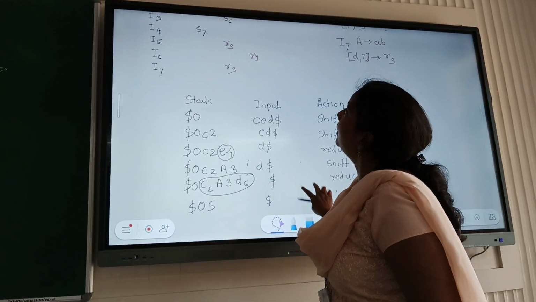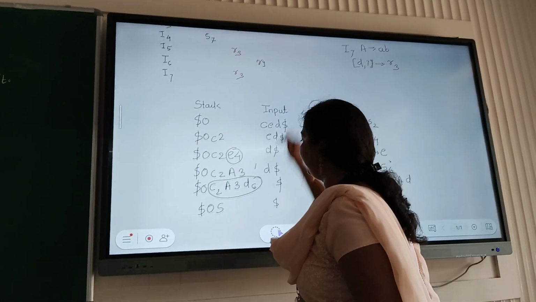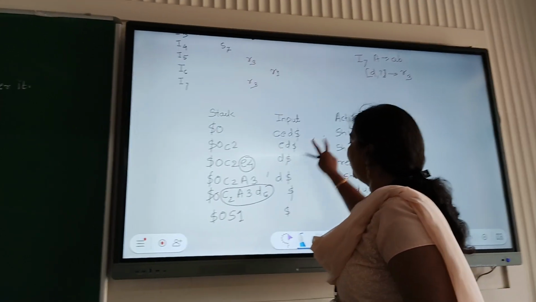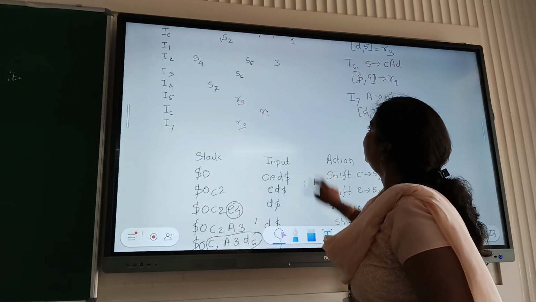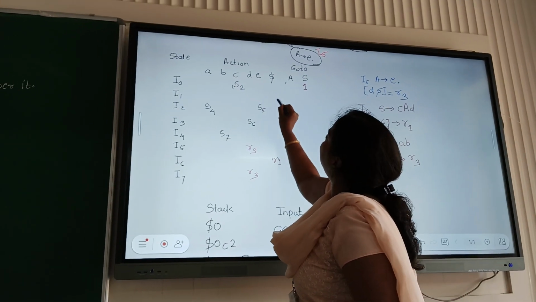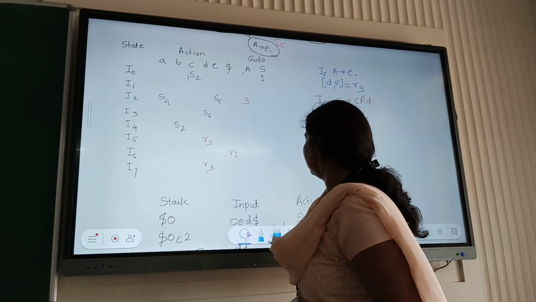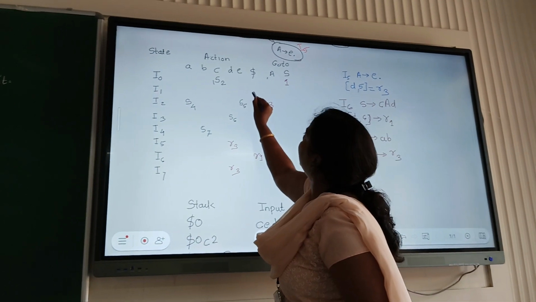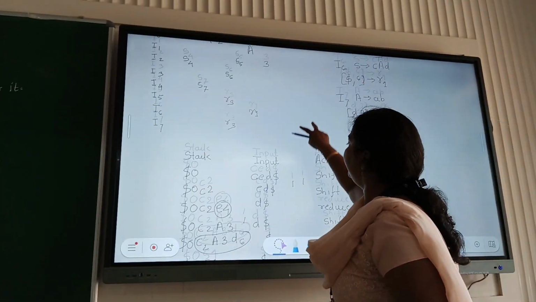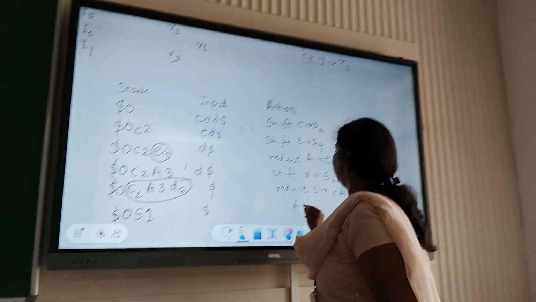So S of 0, 1 is there, so write that number, and S of 1 of dollar, I1 of dollar. Here you require to write the accept step, because in that combination, in the augmented grammar we took, you require to write A, and that one is our accept step.